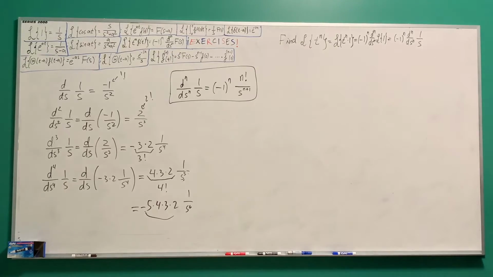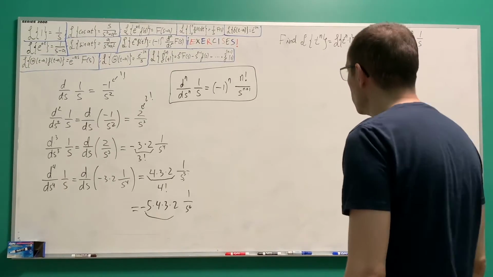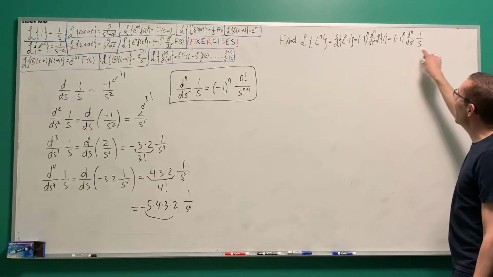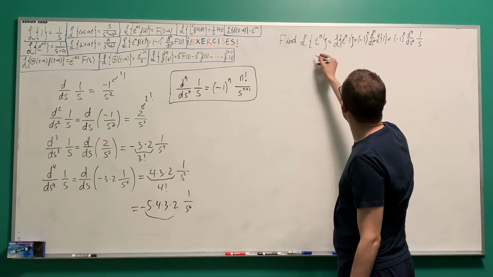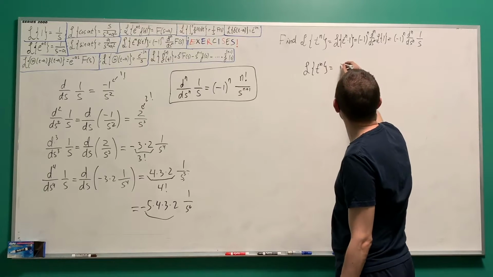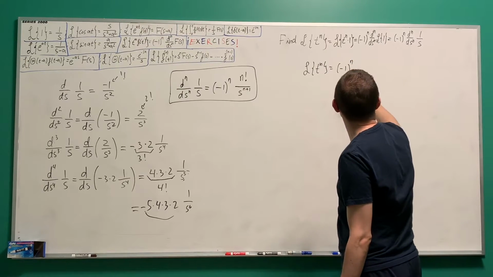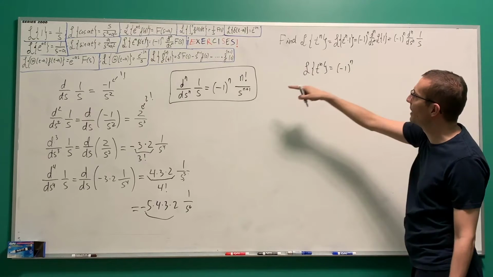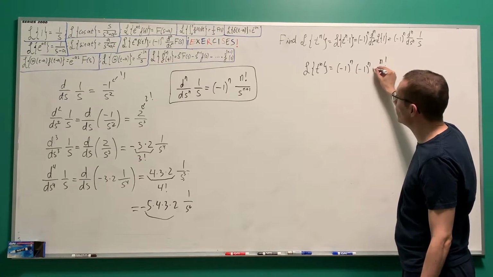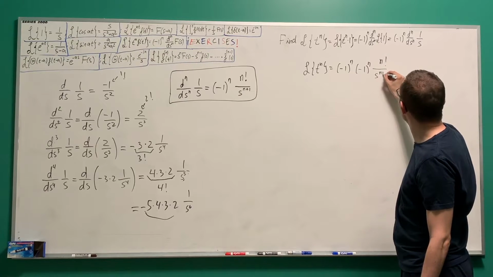All right? Okay. So now that we know that, we can substitute here, and then we get that the Laplace transform of t to the n is equal to minus 1 to the n, and then I substitute this by the expression: minus 1 to the n factorial over s to the n plus 1.